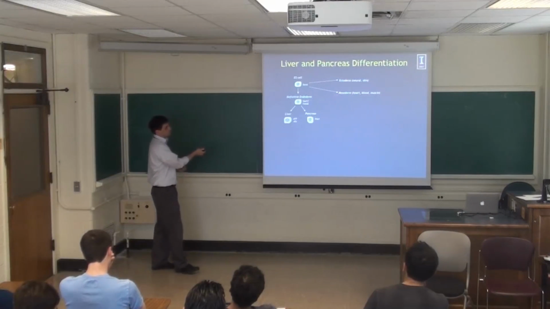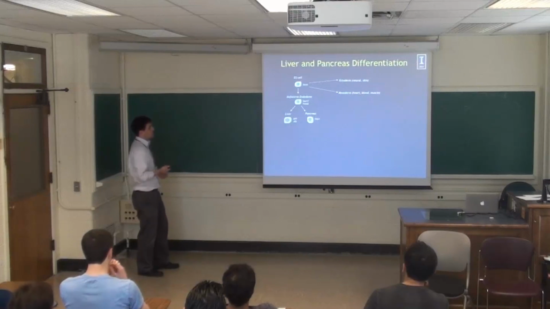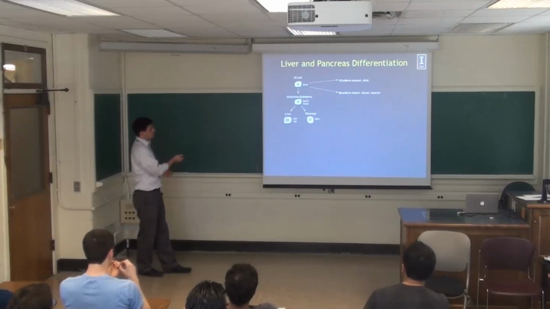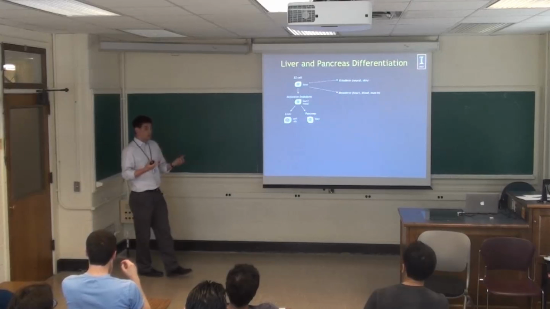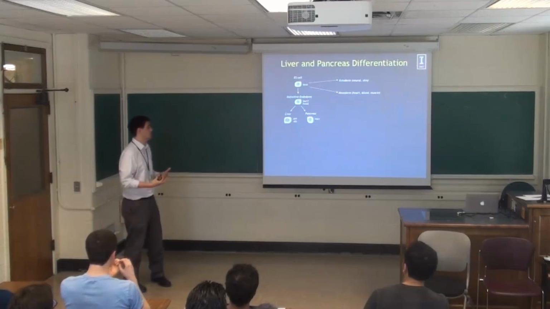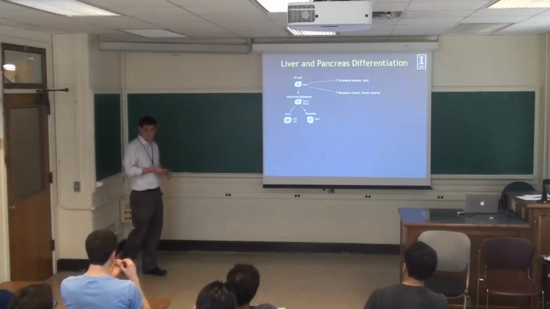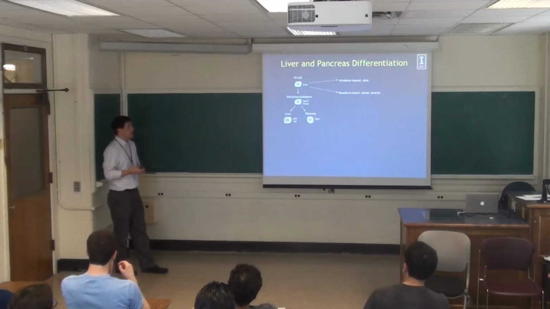It can become mesoderm, which leads to heart, blood, or muscle. But it also can become what's called endoderm, which leads to liver, pancreas, lung, and several other digestive tissues. So this is the fate decision that we focus on primarily in my research group.